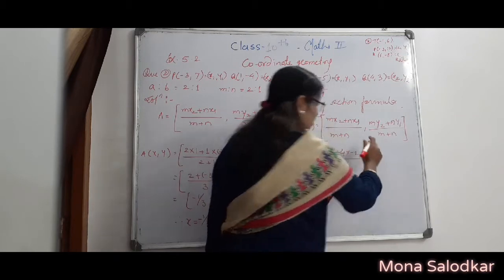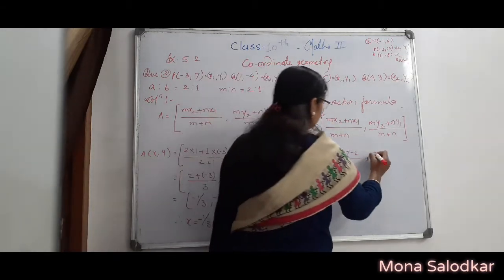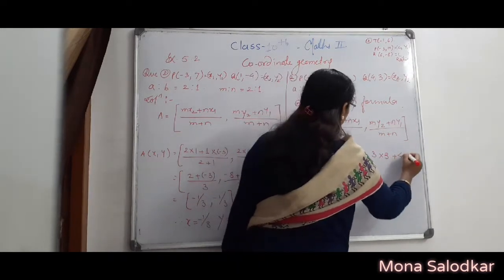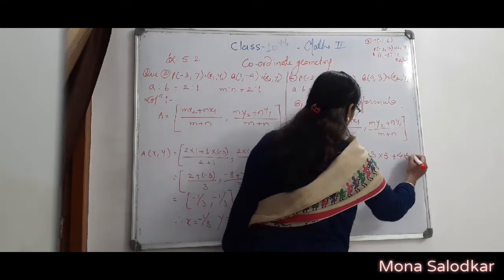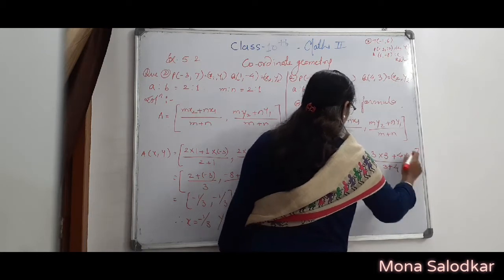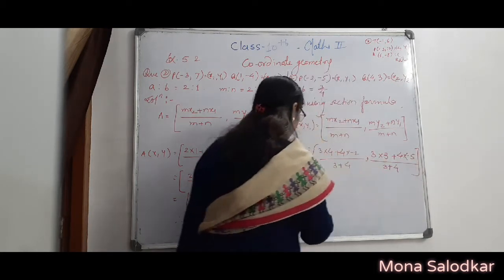Again put the values here. What is m? M is 3, y2 is 3, n is 4, y1 is minus 5, upon m plus n, means 3 plus 4. Now find out the values.